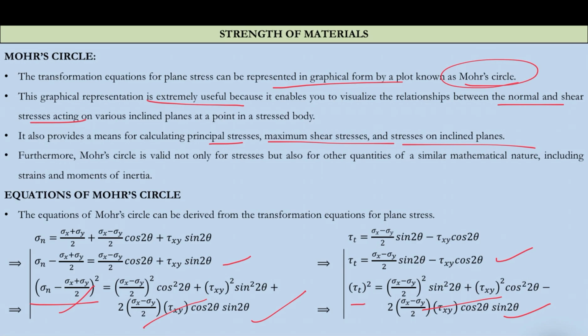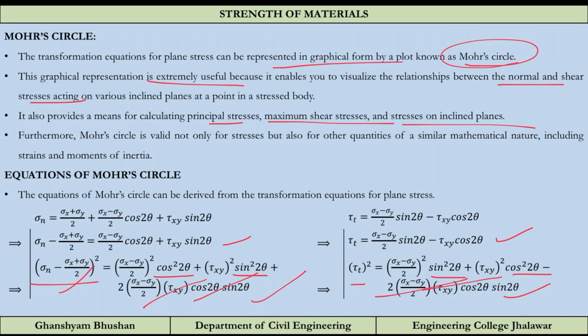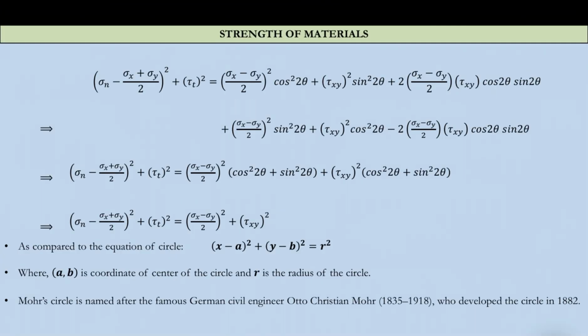It is also quite interesting that sine square 2 theta and cos square 2 theta have the same amplitude, both having tau xy square. So we add these equations, these two quantities cancel out, and let us see what remains.